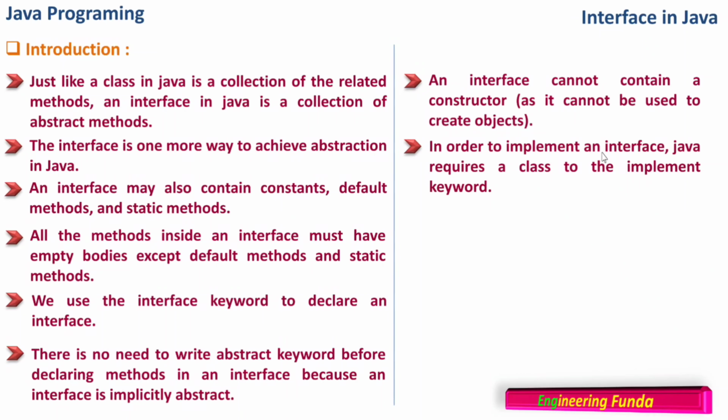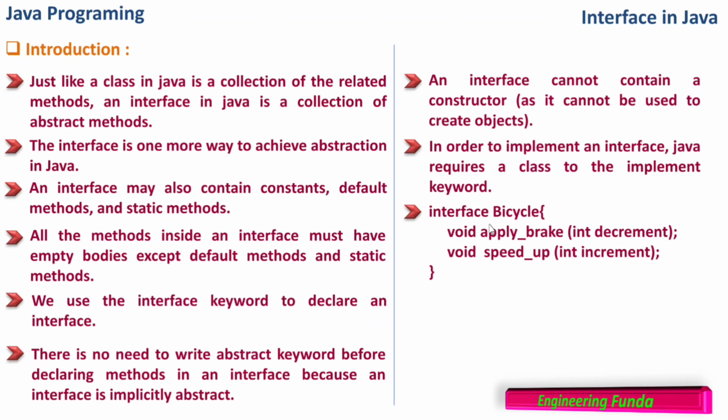In order to implement an interface, Java requires a class to use the implements keyword. For an interface to be implemented, we use the implements keyword in Java, and there we write the interface name which is getting implemented inside the class. This will get more clear when we see an example.